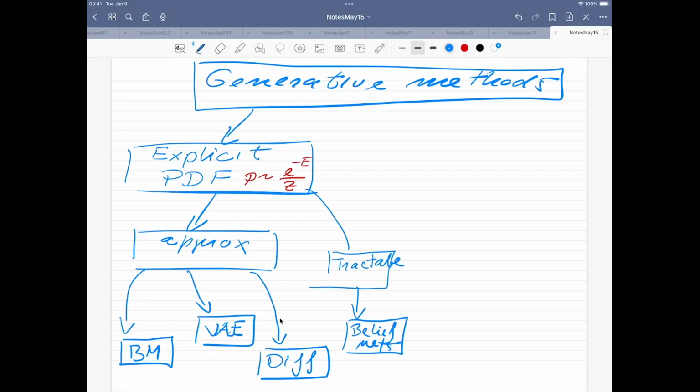So tractable means that we always have to look at this balance between flexibility and tractability. So flexibility is something you want to have, so you can adapt the model to new data sets without making too many changes. And Boltzmann machines and variational autoencoders and diffusion models are examples of models which have a lot of flexibility.